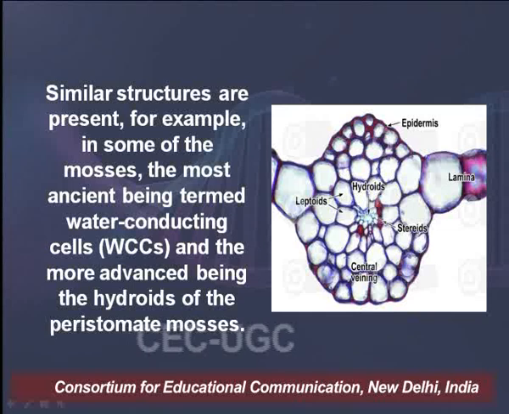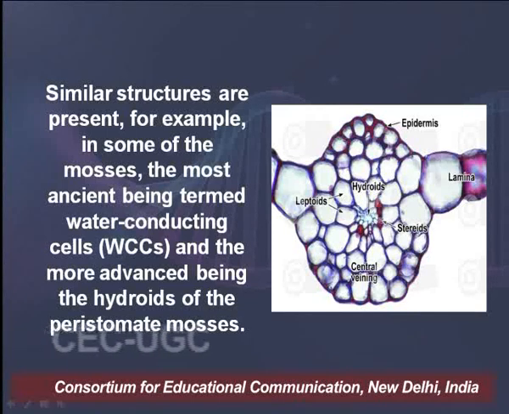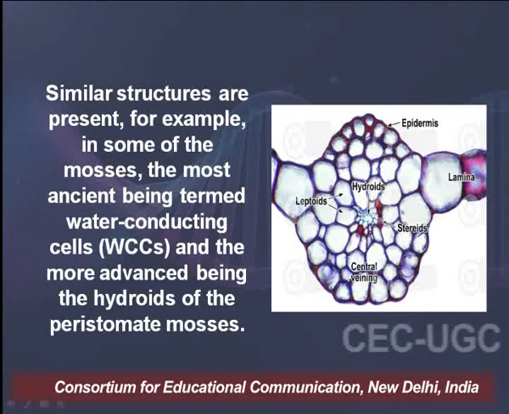Similar structures are present, for example, in some of the mosses, the most ancient being termed water conducting cells, that is WCC, and the more advanced being the hydroids of the peristomate mosses.